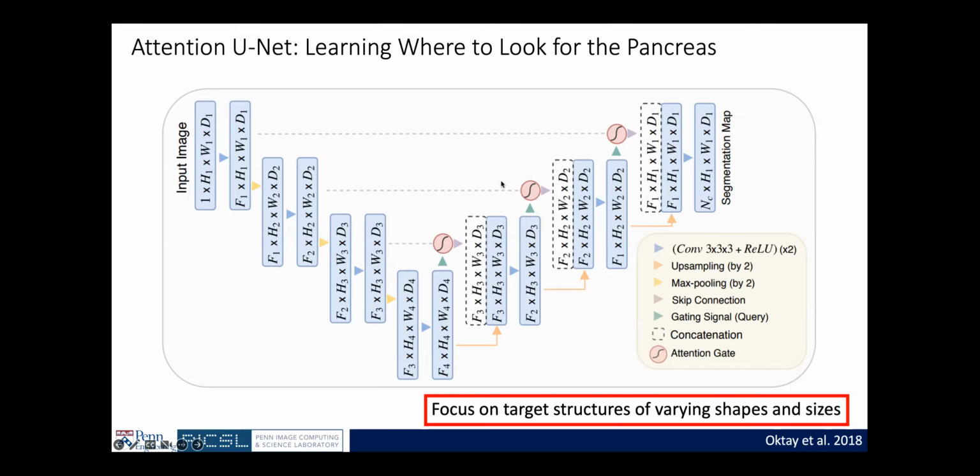I'll explain in a bit what attention is. What it does is take features from the previous layer and the features from the current layer. For every particular voxel or feature map between these two outputs, it computes a dot product between them.